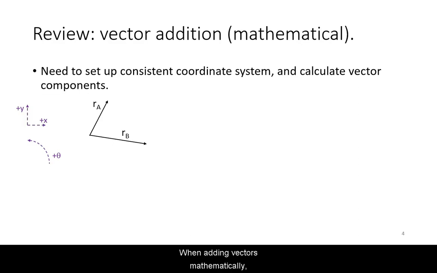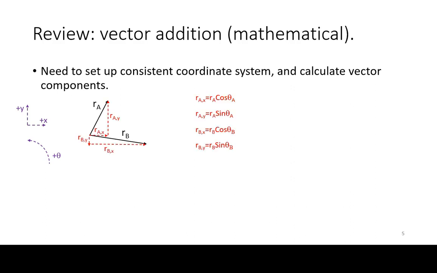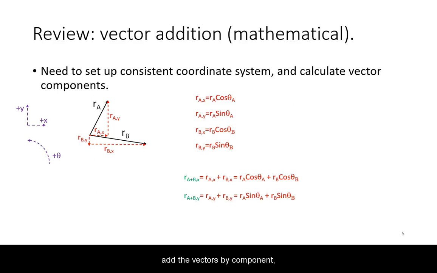When adding vectors mathematically, you will need to set up a coordinate system, calculate vector components relative to that coordinate system, add the vectors by component, before converting back to polar coordinates.